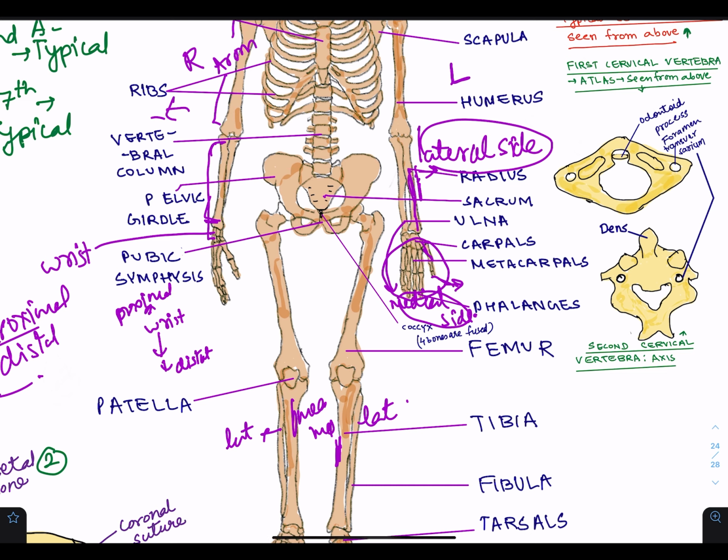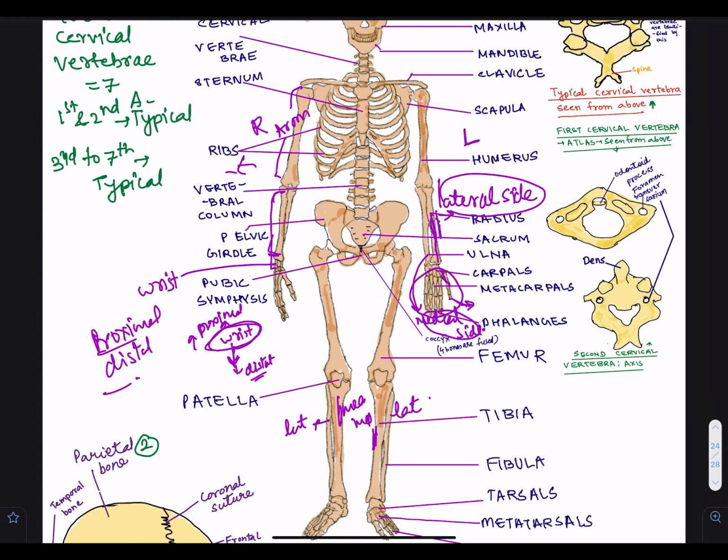It is not that this applies only to the wrist. Every part of the body, if we are talking in context to one particular part, then another part which is away from this part will be known as distal, and towards the body will be known as proximal. So we have learned four new terms: lateral, medial, proximal and distal.